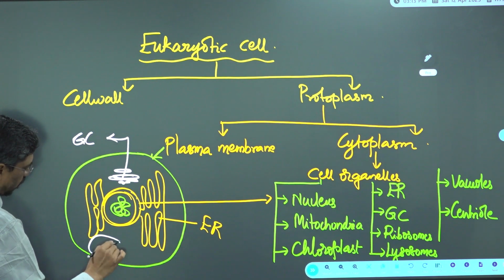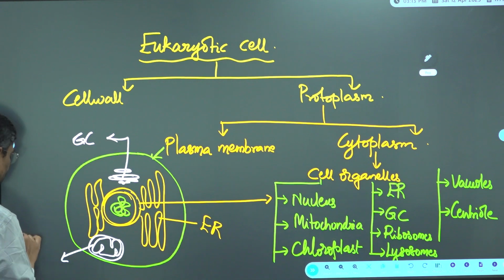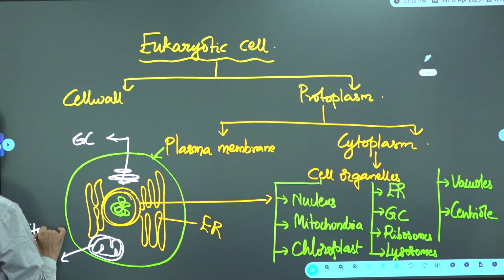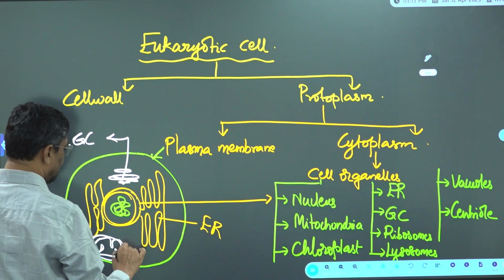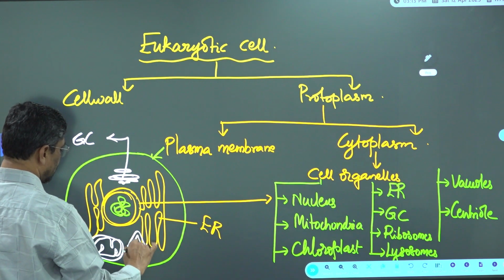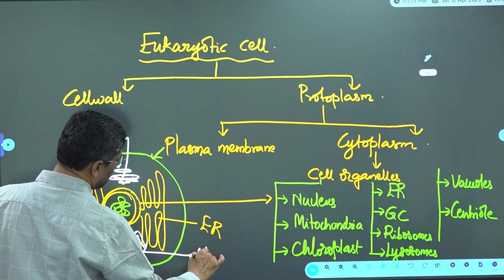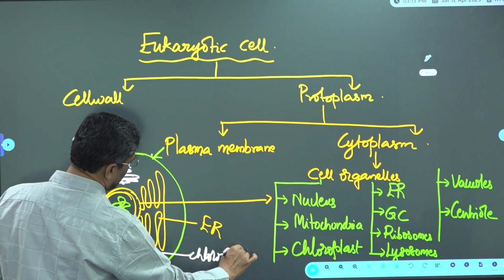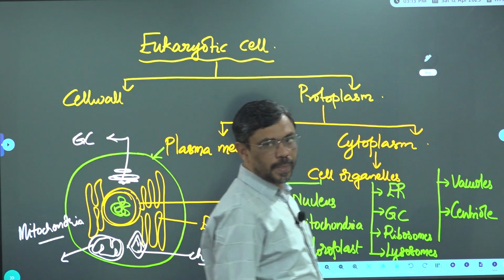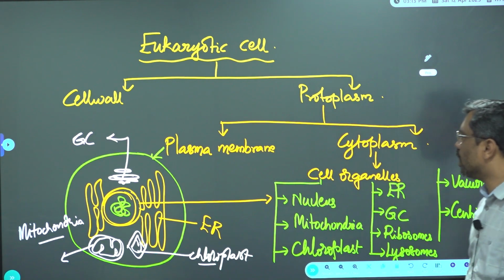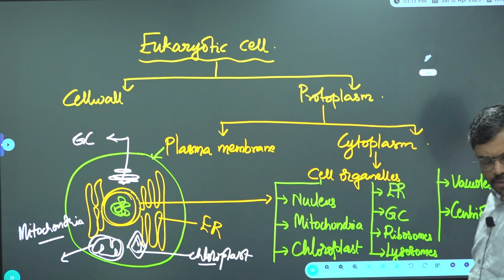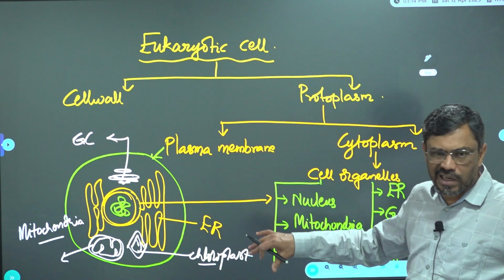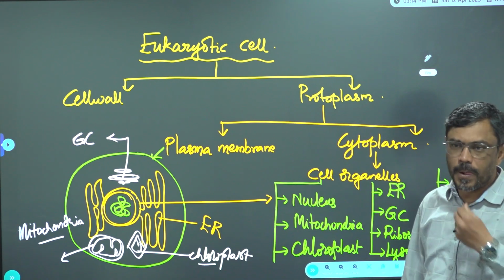Another structure, mitochondria. And here chloroplast. Briefly you remember this one. Okay. So this is a eukaryotic cell. So briefly you have to remember these cell organelles and their importance. That's enough.